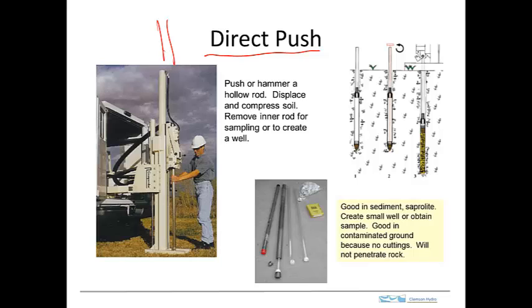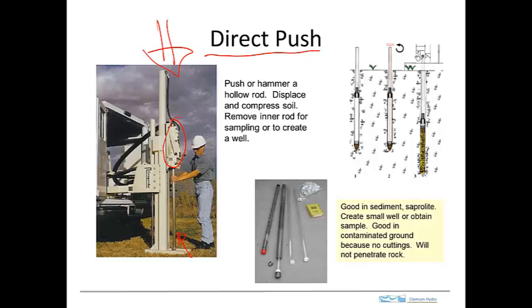This is a geoprobe or a direct push rig, and this is a hydraulic hammer. So it's essentially a jackhammer, and this is a steel tube. So this thing pushes down and hammers and drives this tube in the ground. Well, what can be done then is the tube is hollow, and there are various different configurations that have an inner rod, much like what we saw for the hollow stem auger, but in this case we have an outer tube and an inner rod that has a point on it.